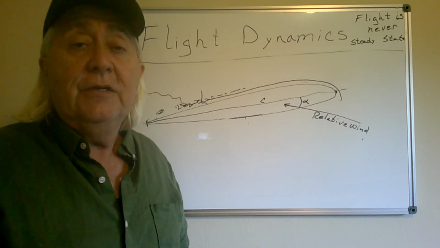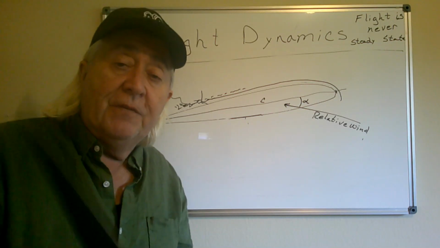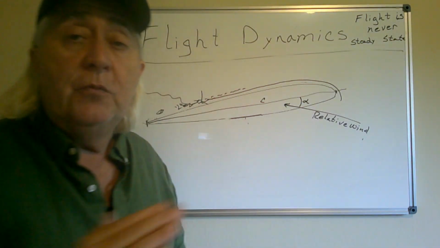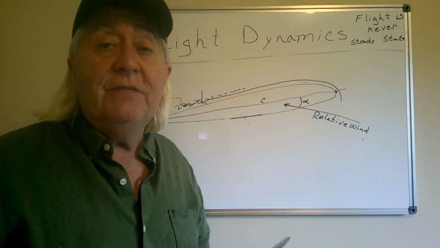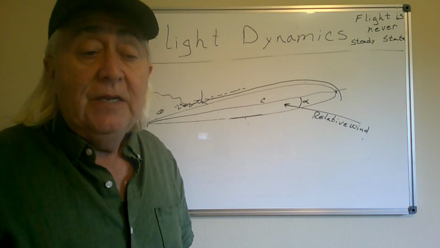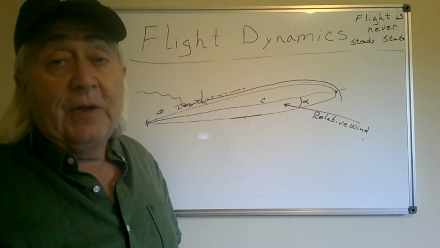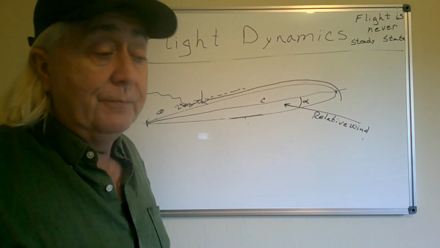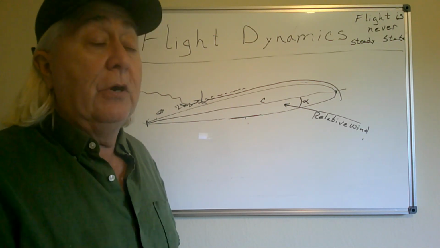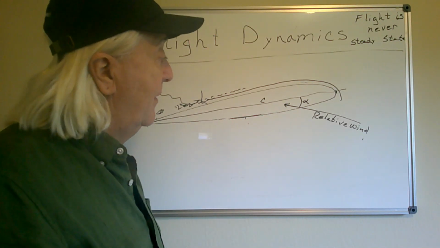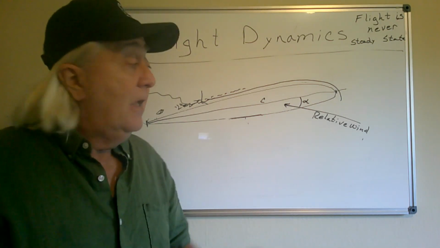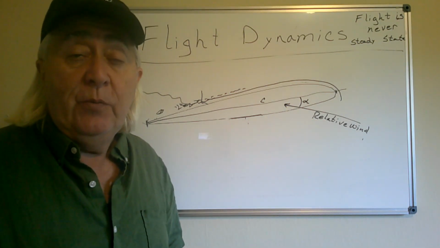You're still stalled. You've got to wait until you pick up enough velocity to make that relative wind vector move around to where you're at a positive angle of attack that is below the stall angle of attack. And then you can pull back up on the elevator and slow the aircraft up. If you pull back immediately, you just go mushing through the sky and have repeated stalls and all that other stuff.